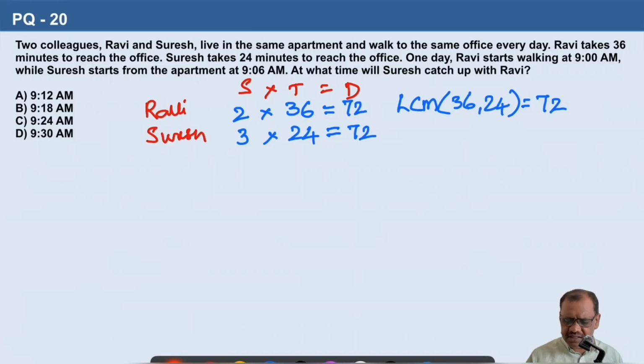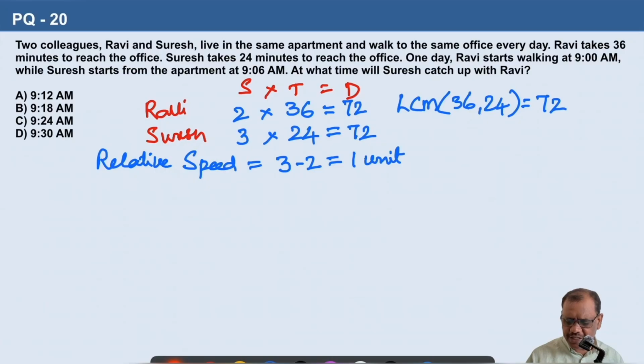And they are traveling in the same direction, so we have to find the relative speed. Since they are traveling in the same direction, the difference of speeds is the relative speed. So 1 unit per minute is the relative speed of Ravi and Suresh.